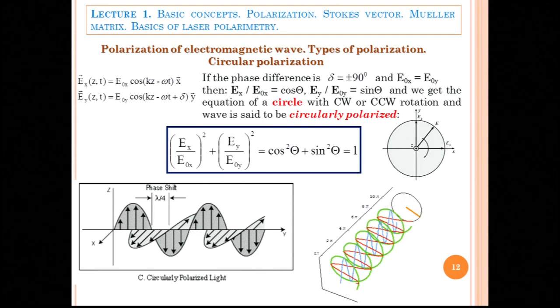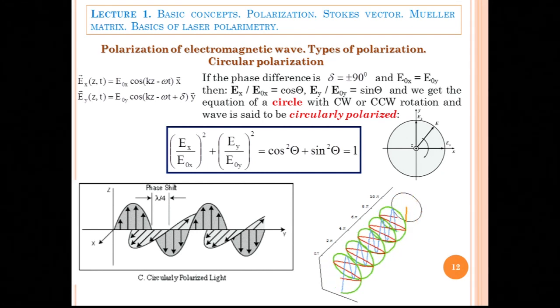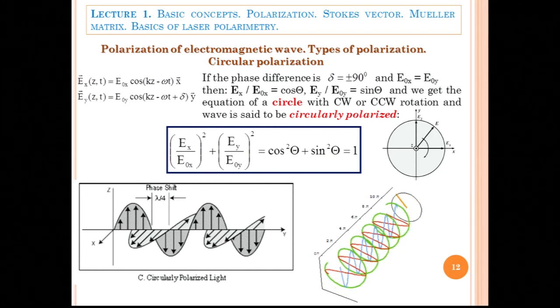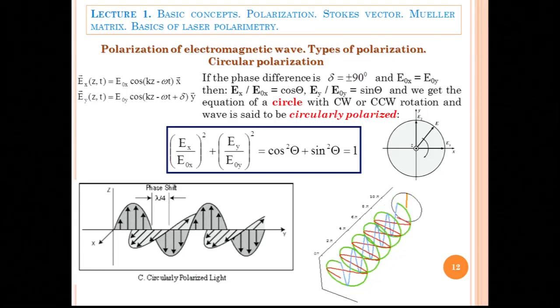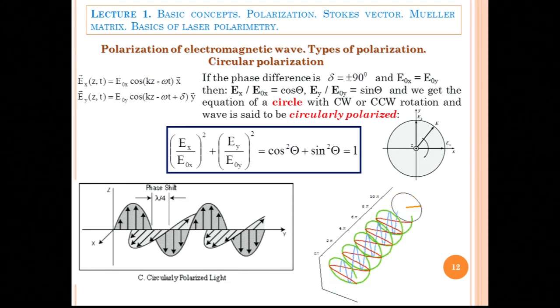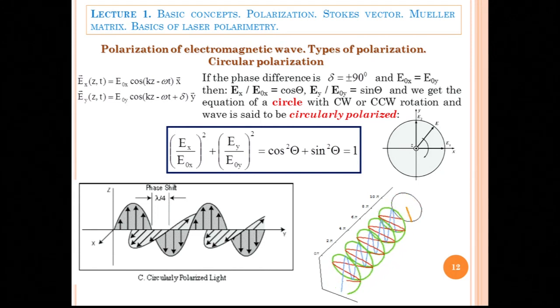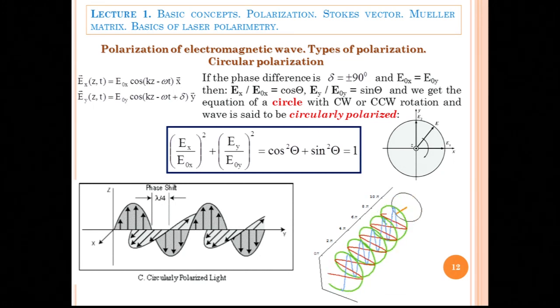If we have our well-known two projections, and the initial phase difference, this delta, is plus or minus 90 degrees, and the two components are equal in amplitude, then this ratio is equal to cosine and this ratio is equal to sine, and we get the equation of a circle itself, with clockwise or counterclockwise rotation. And this wave is said to be circularly polarized. You can see it here.